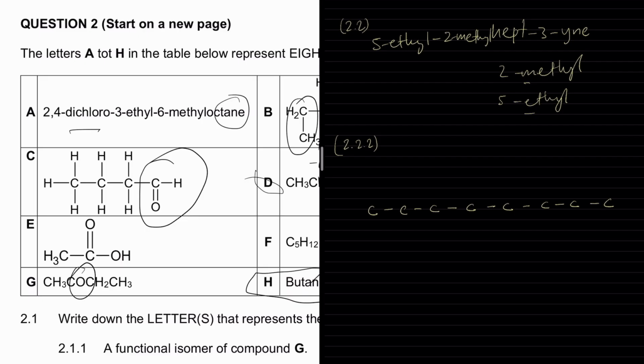So I'm going to have a 2,4-dichloro. So a chlorine on carbon 2, a chlorine on carbon 4. 3-ethyl, meaning an ethyl group on the third one. And 6-methyl. So that's 4, that's 5, that's 6, a methyl group here. And now we just draw in our hydrogens.